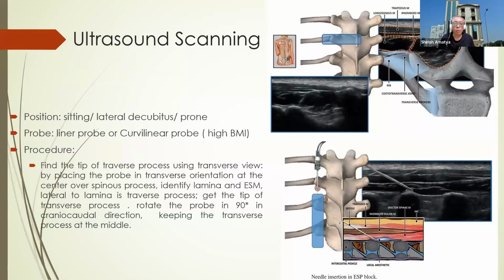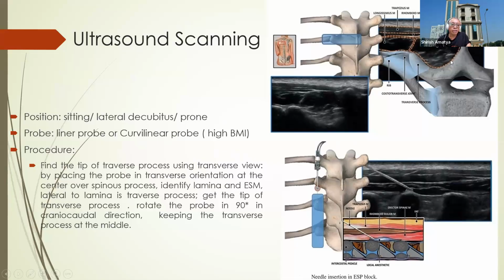One is by using the transverse view, and another is by using the sagittal view. Both of the views have been nicely demonstrated by Sir. I will basically be repeating the same thing. So normally at the desired level of blockade, we put the curvilinear or linear probe in the transverse view manner.